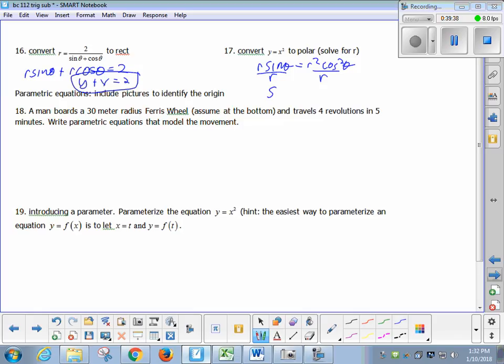So it's not lost, and it's okay to divide out an r, which makes it easier to solve for r. The ugly form is this, but the common form of the parabola is tangent secant.